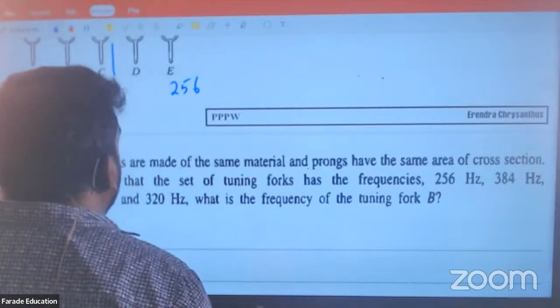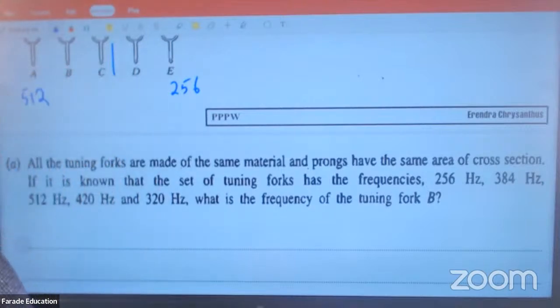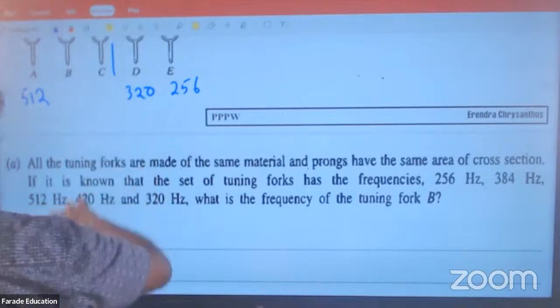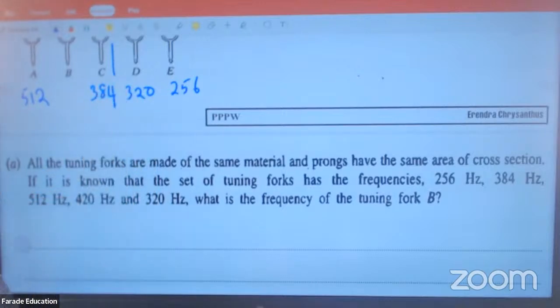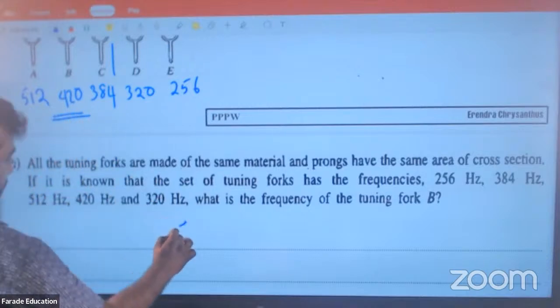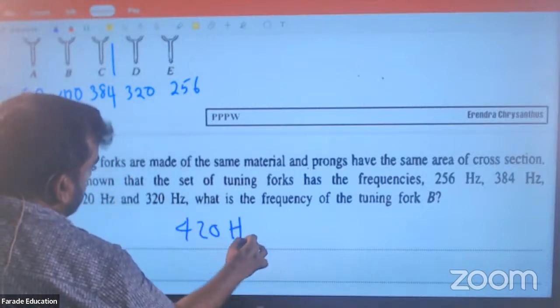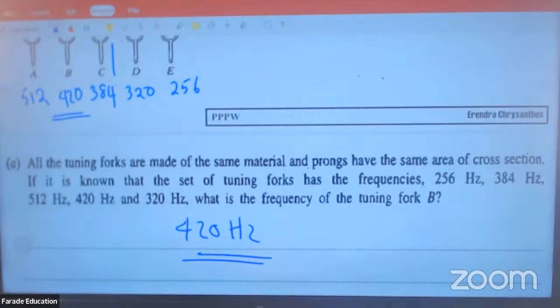Then gradually the length reduces and frequency will increase. Here 320, here 384, and here 420, right? What is the frequency of tuning fork B? Very simple, 420 hertz.